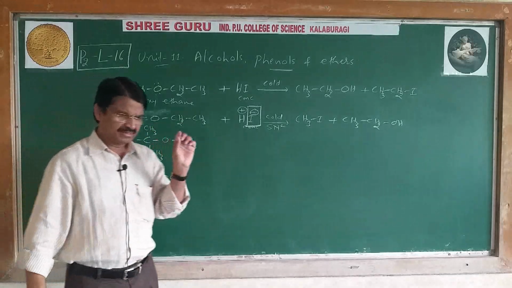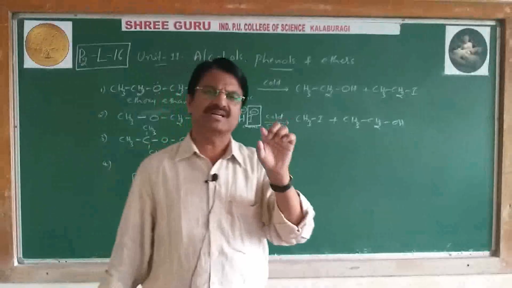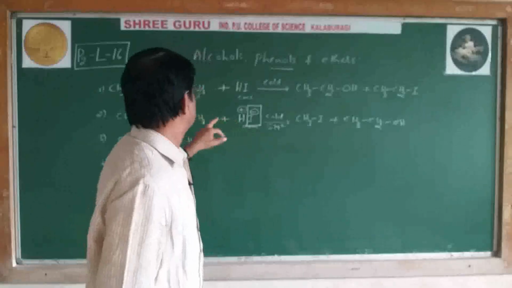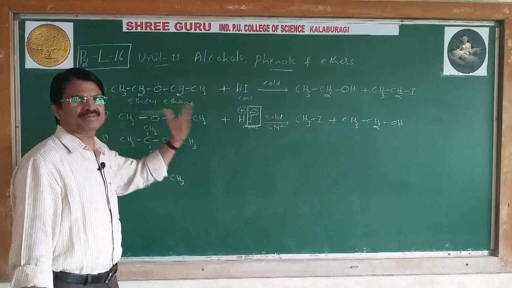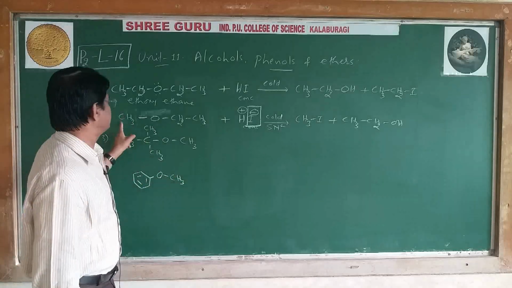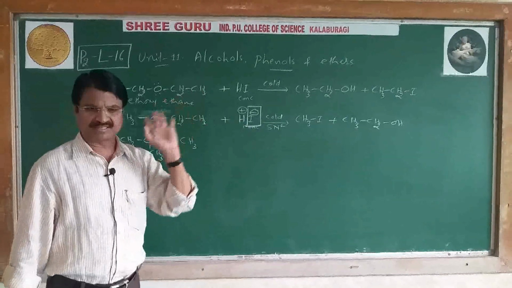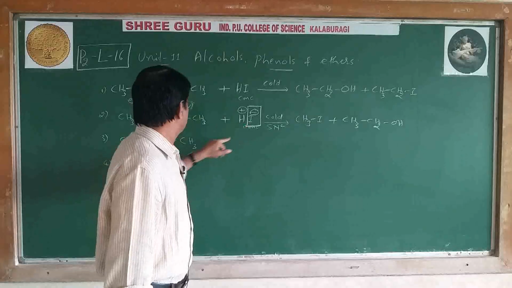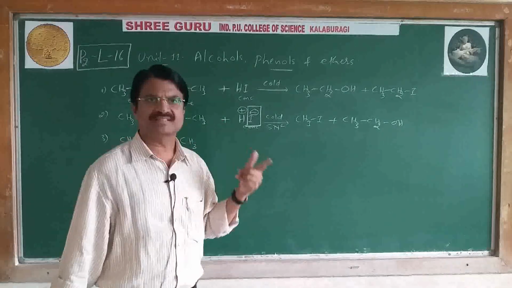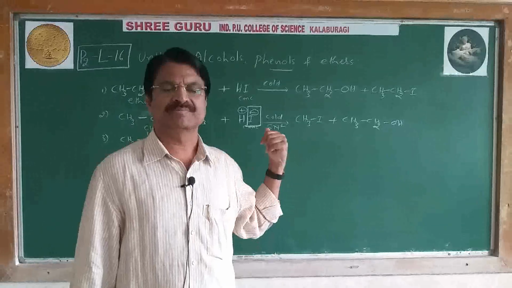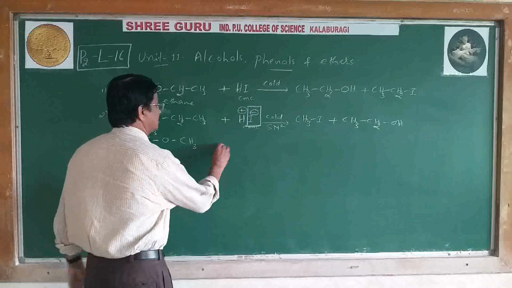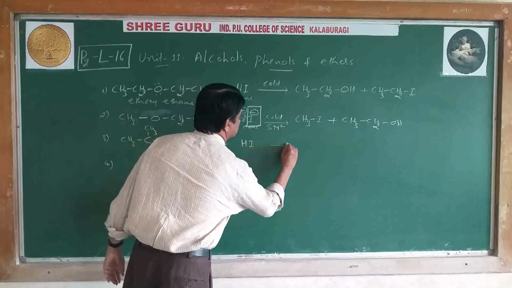Otherwise, remember, I minus gets linked with the carbon having the alkyl group with fewer carbons. There the I atom gets linked. That is an important point in HI reactions. If it is moving towards the lesser number of carbons, then it is said to follow the SN2 mechanism.